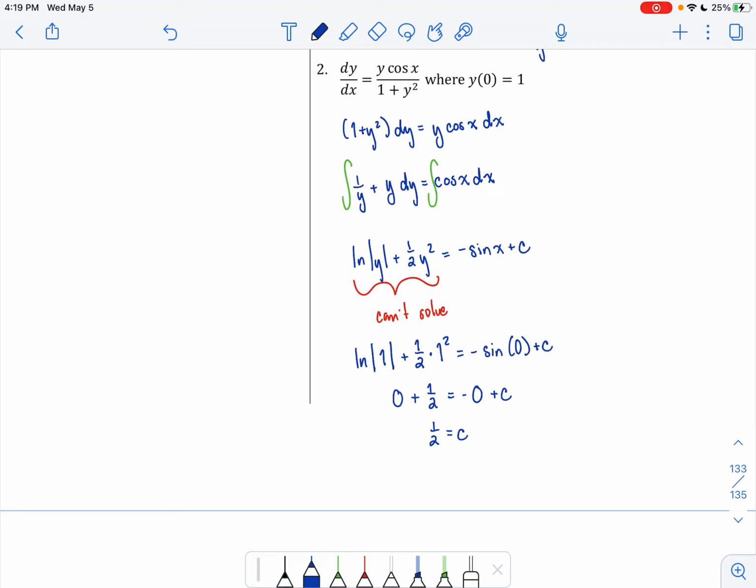So then c is equal to 1/2. So the way that we'd write our final answer, we're just going to use the function at this stage as ln of the absolute value of y plus 1/2 y squared is equal to negative sine of x plus c, which is 1/2. So if you can't simplify any further, that's fine. Just leave it in as simplified a form as you can.